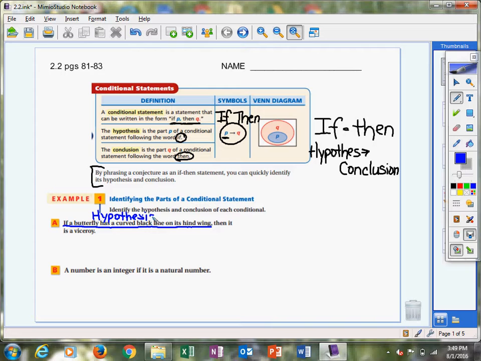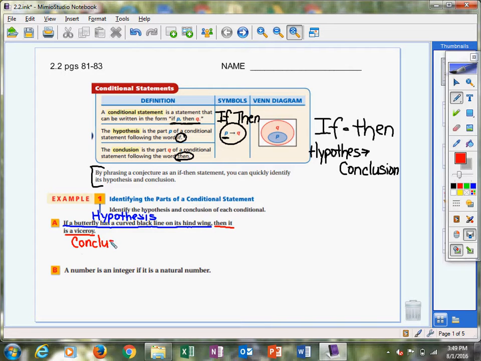Okay? Now I'm going to switch colors because in your book they use the color red for Q. And Q is your conclusion, and that follows the word then. Then it is a viceroy. So they're really kind of classifying it for us. So we're going to call that our conclusion.